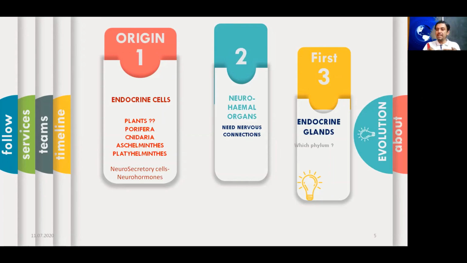It does not need a nervous stimulation to release its hormones into the blood. So in Arthropoda, we see specific examples of specialized self-working endocrine glands, which do not need a nervous stimulation to release the hormones into the blood. Similarly, in crustacea, the Y organ and androgenic glands are very well known.